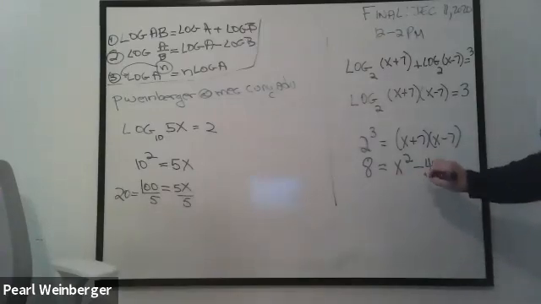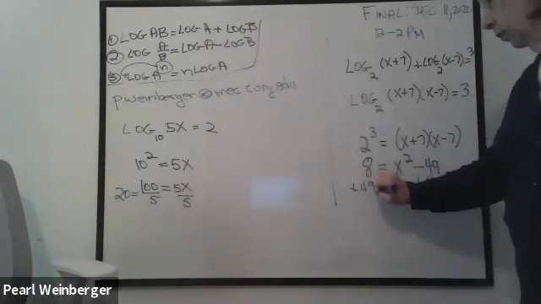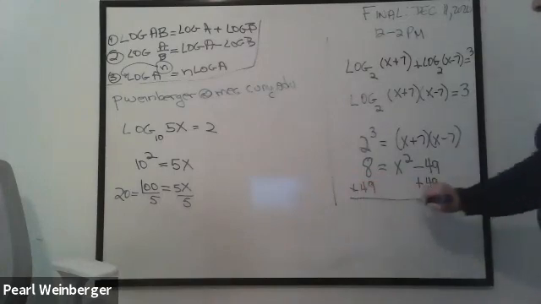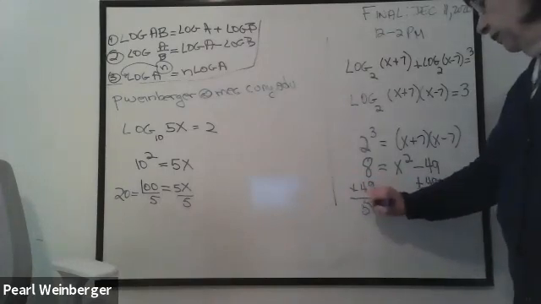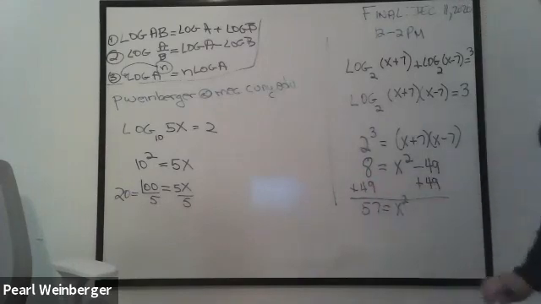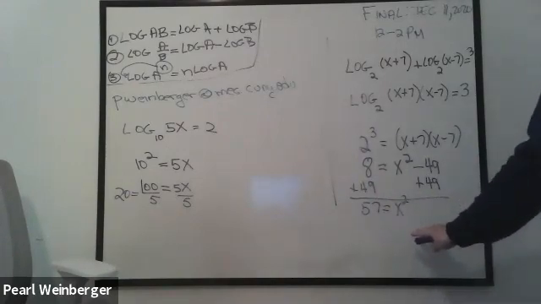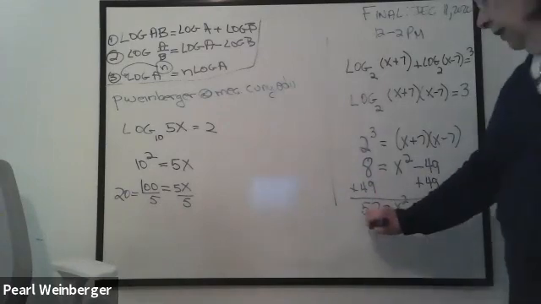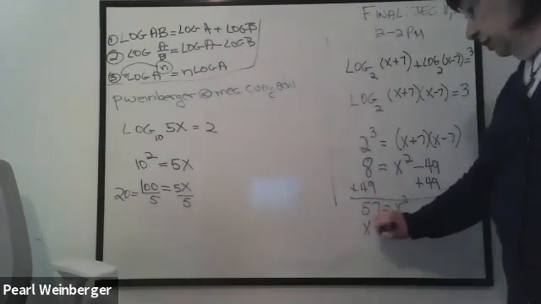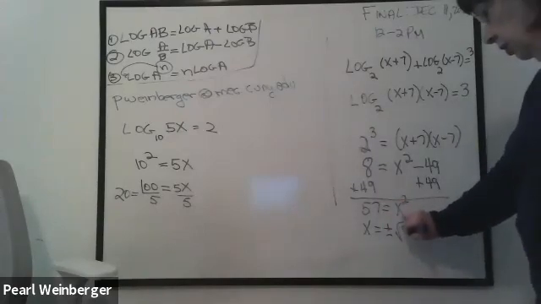I now can get the 49 to the other side, which will give me 57 equals x squared. And this is a regular quadratic equation where I can use what we call the square root rule. Remember what we do: plus or minus the square root of this number.